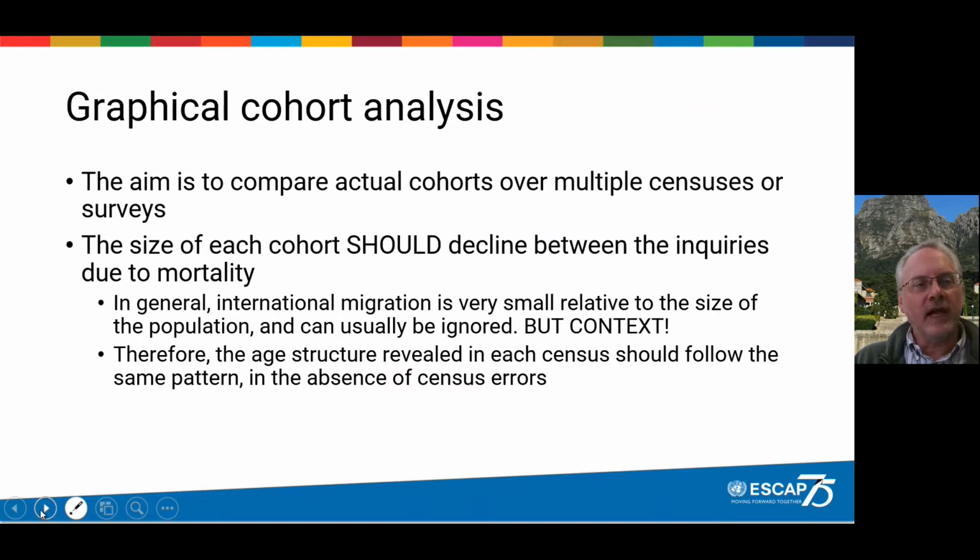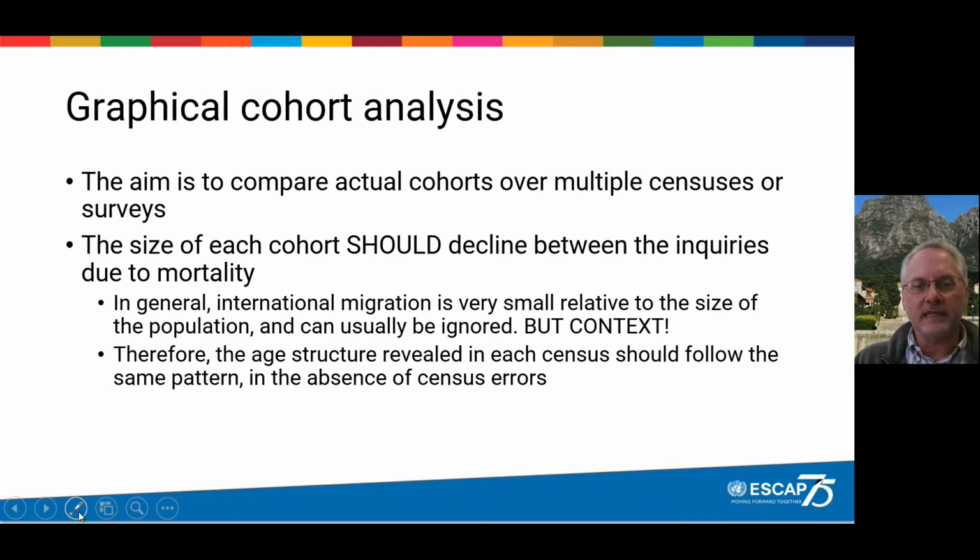And so the idea underpinning graphical cohort analysis is to compare actual cohorts over multiple censuses or surveys. And we would expect that the size of each of those cohorts should decline between the inquiries due to the effects of mortality. In general, international migration is typically very small relative to the size of the population and can usually be ignored.